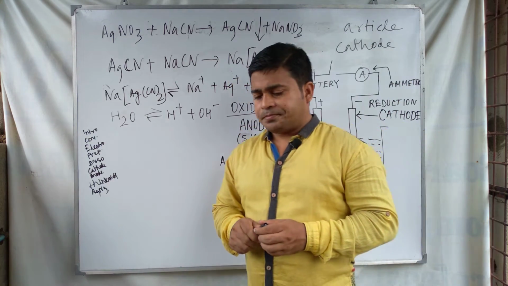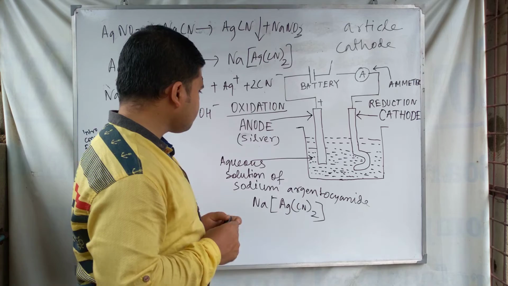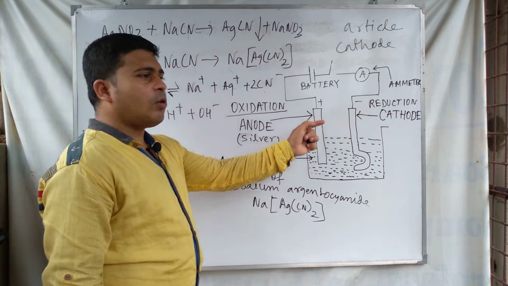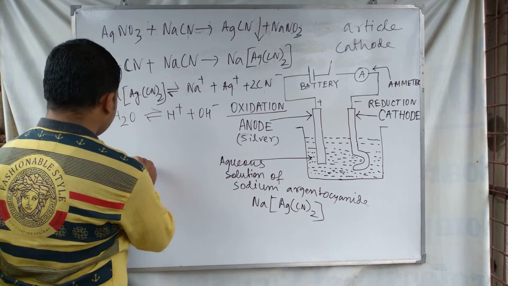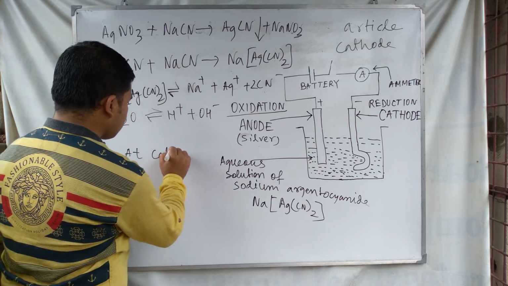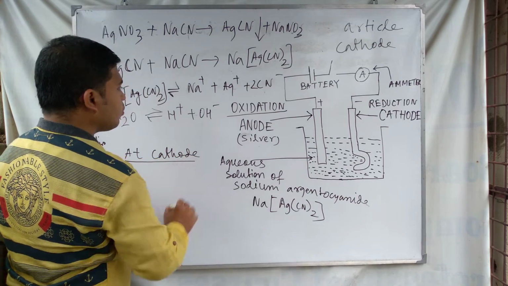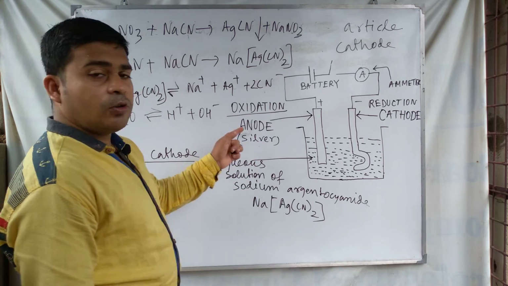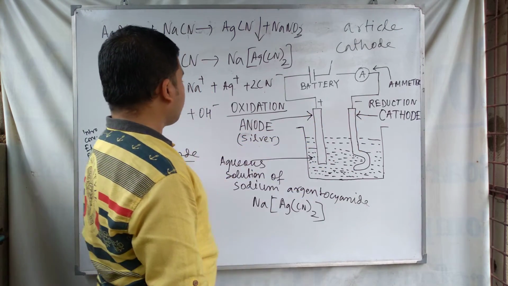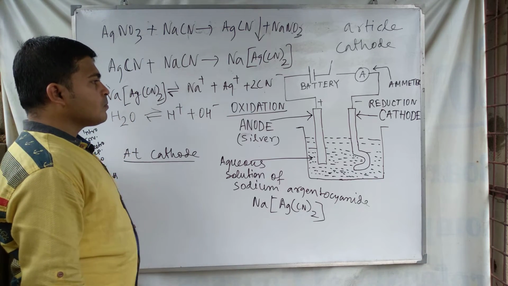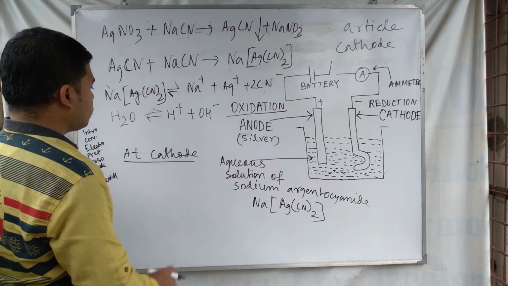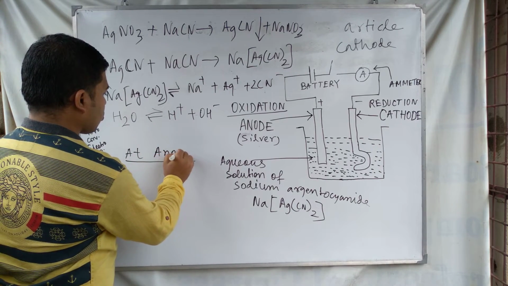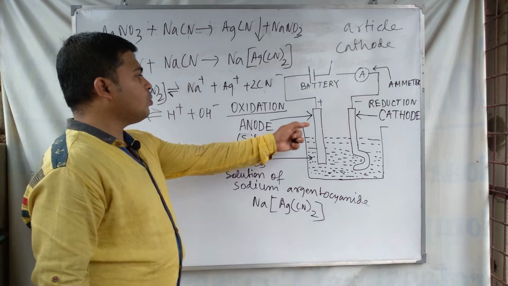Look, at anode oxidation occurs, at cathode reduction occurs. At first we talk about the anode. At anode, what do we take?